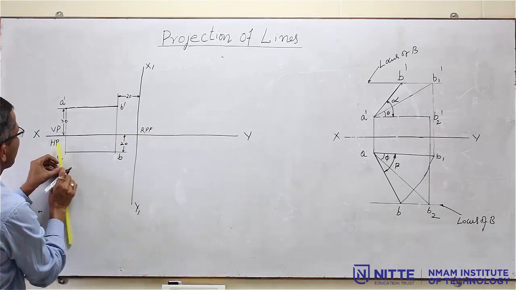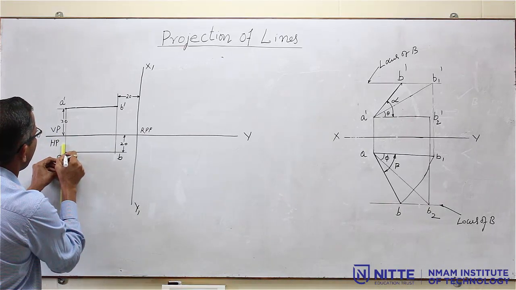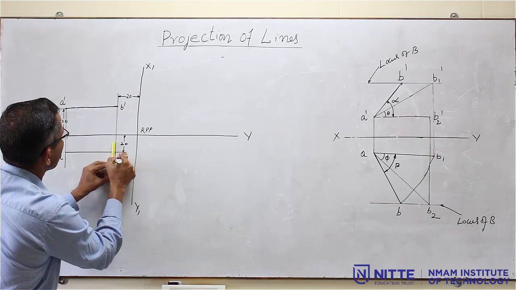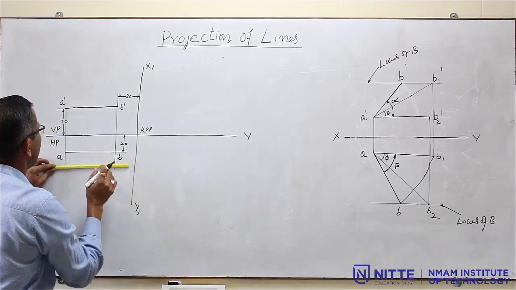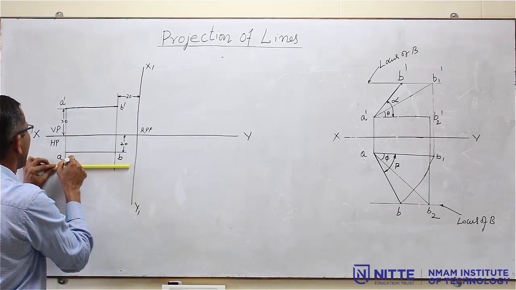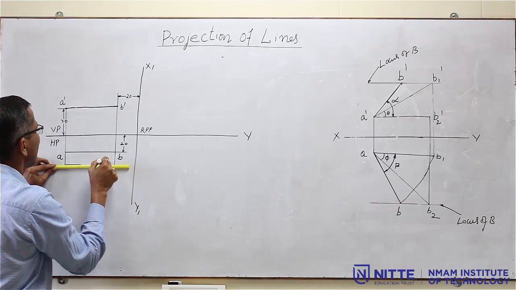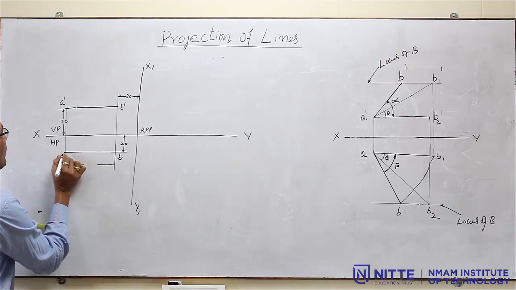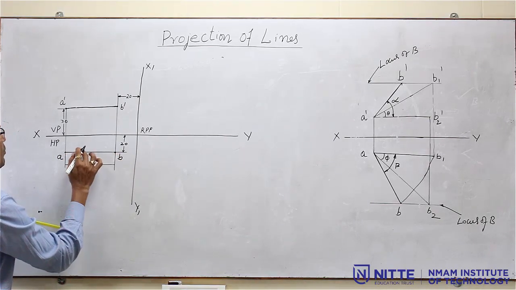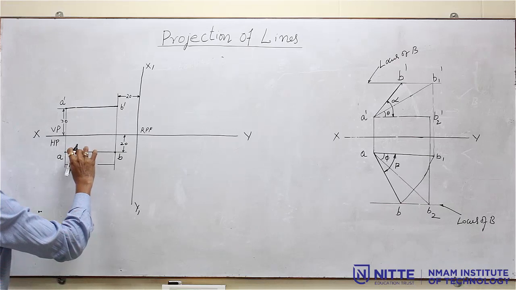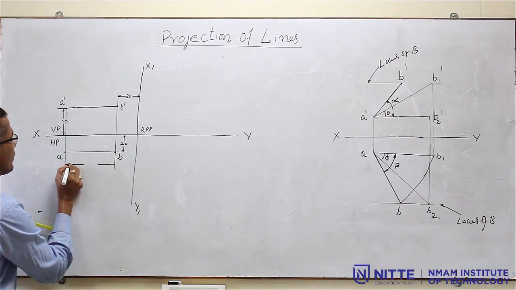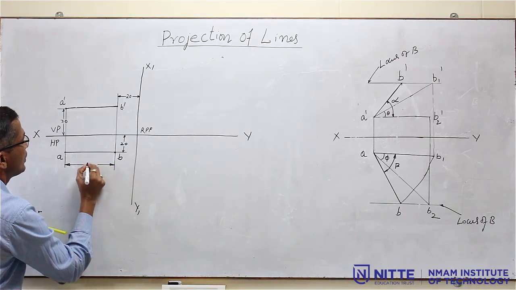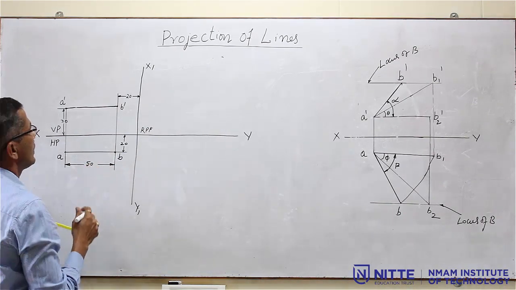So, for dimensioning you have to project the end more than 1 centimeter length, because the dimension line should always be placed 10 mm apart from the drawing. That you have to remember, do not place the dimension line very close to the drawing. So, this is the drawing, this point is A, this is B. So, from this line minimum of 1 centimeter, you can take more than that also, but it should not be less than 10 mm.